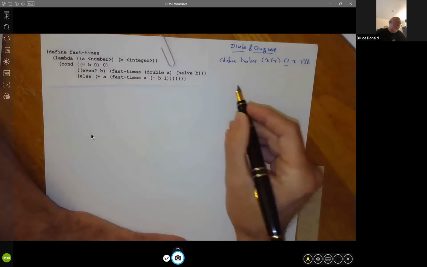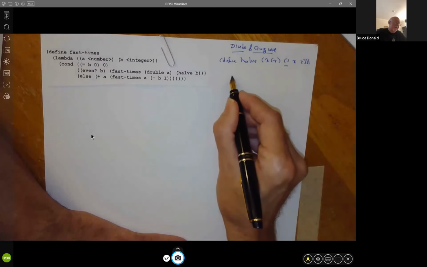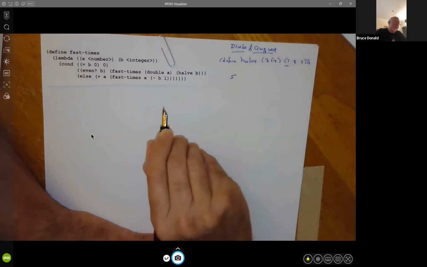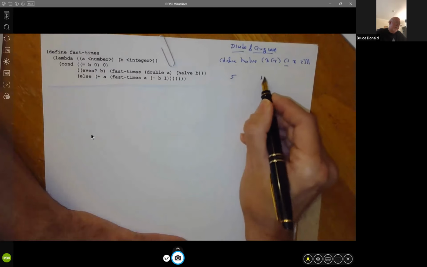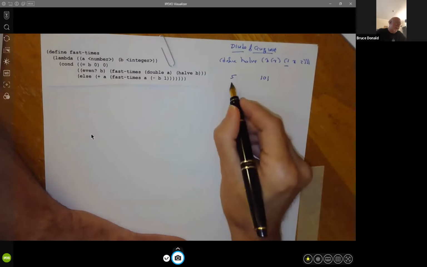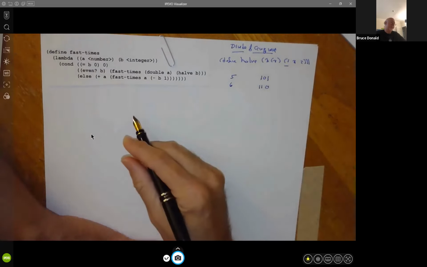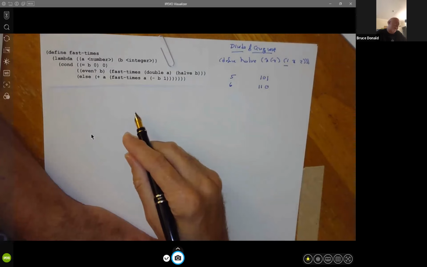So let's look at an example here. Suppose I had a number like 5, and I can encode this in binary as 101. It's an odd number in some sense. A number like 6, I can encode this in binary as 110. And it's back to how some numbers are encoded in the machine.